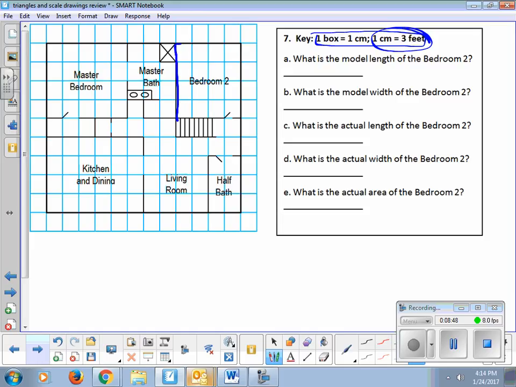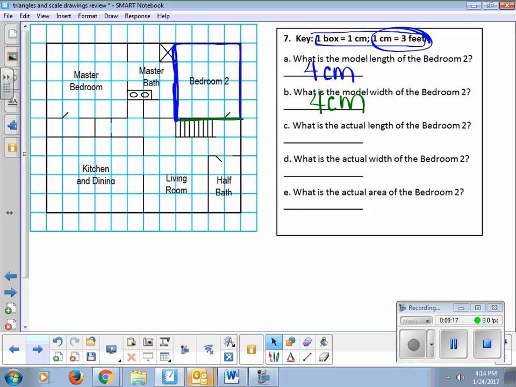We are focusing on bedroom 2, and our length is 1, 2, 3, 4 boxes, which means it is 4 centimeters. To find the model width, we have 1, 2, 3, 4 boxes, so it's also 4 centimeters.